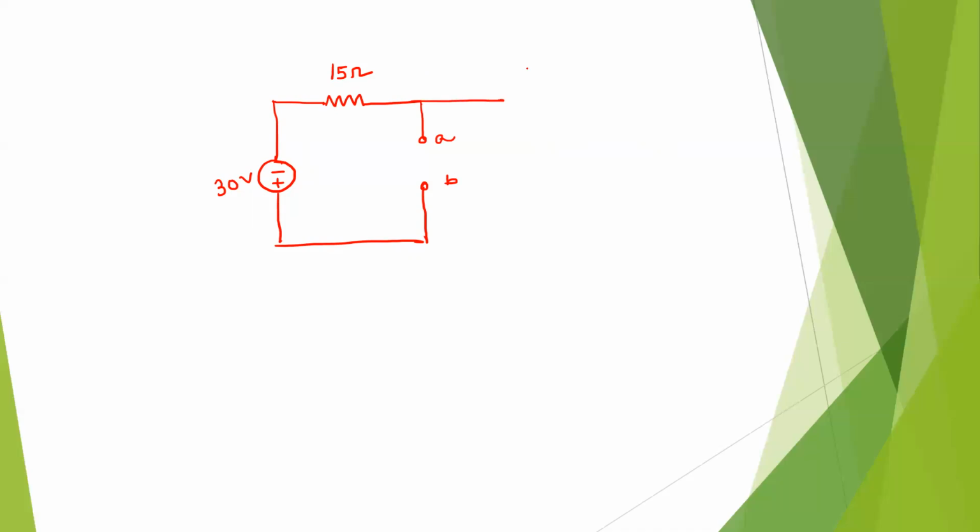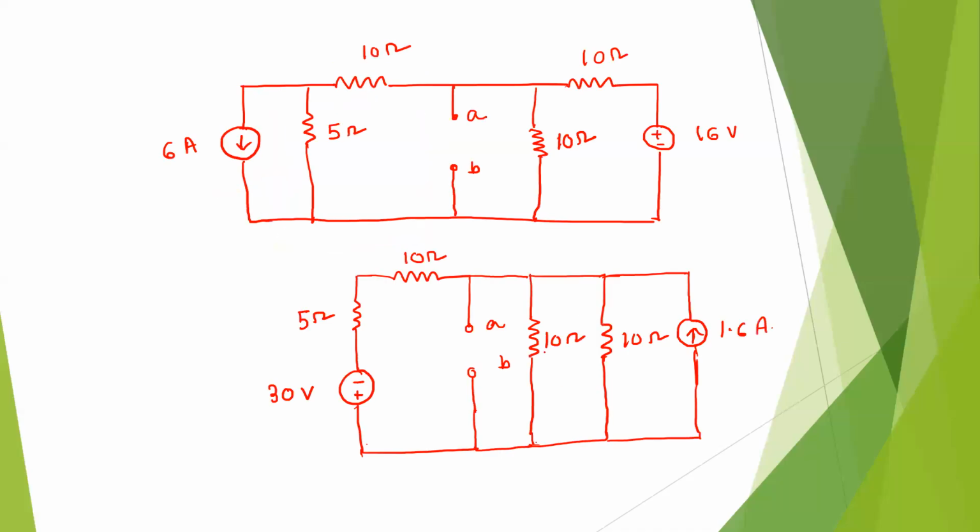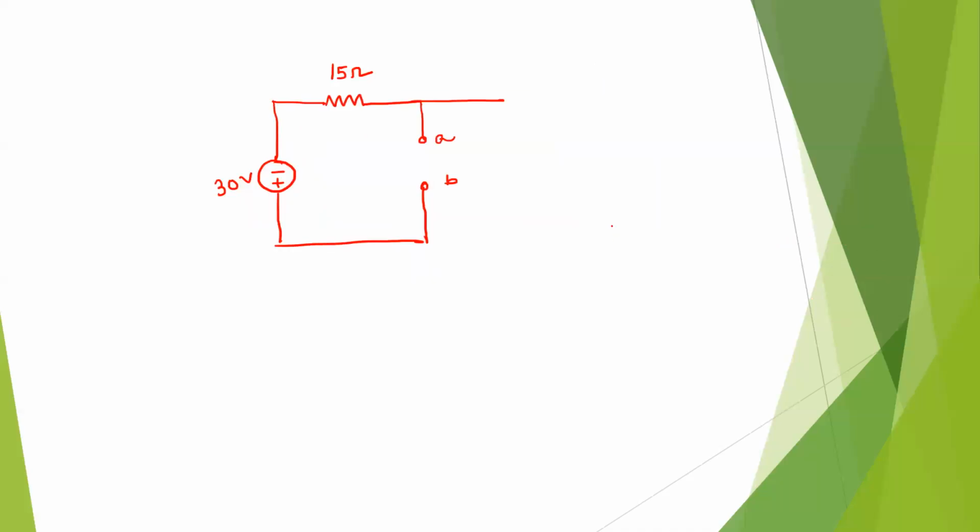Next step, these two are parallelly connected, 10 ohm and 10 ohm. So what will be the resistance value? That should be 10 into 10 divided by 10 plus 10. That should be 5 ohm. So we can draw the circuit.